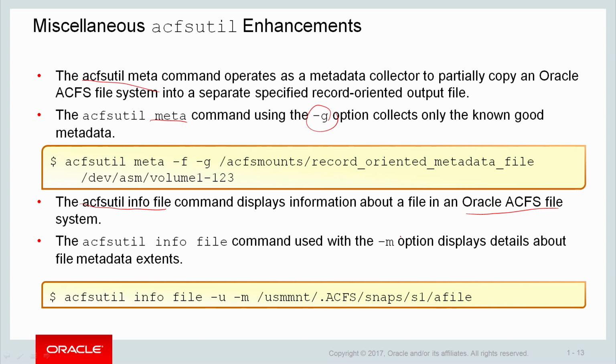We also have a new option, -M here. The ACFS util info file command, used with the -M option, displays details about the file metadata extents as well. So ACFS util info file -U -M will tell us the location of the metadata extents for that particular snapshot file.